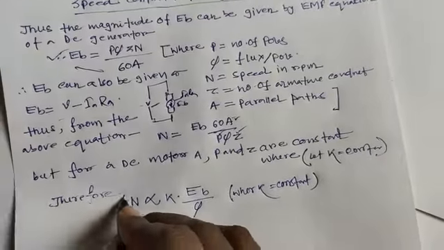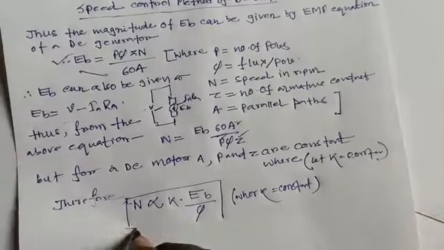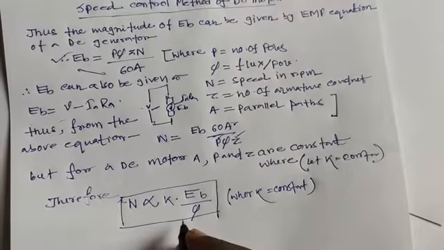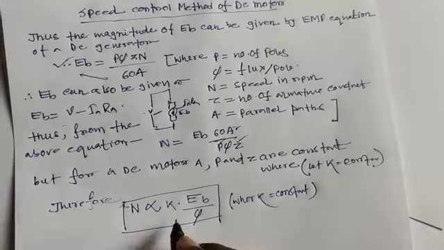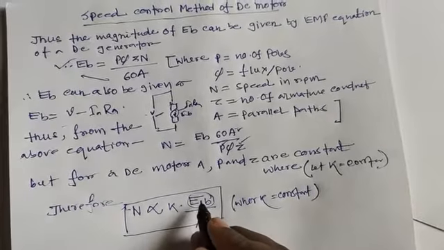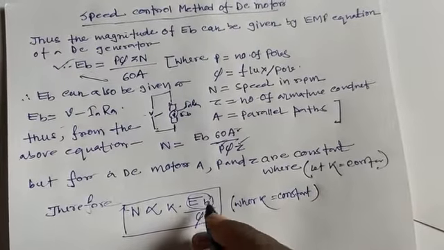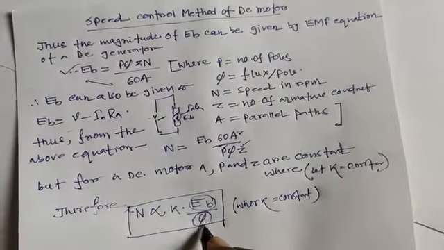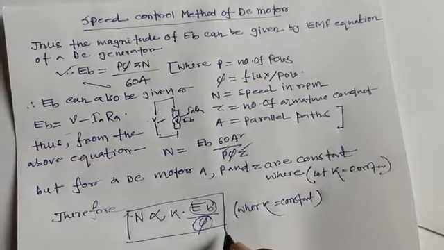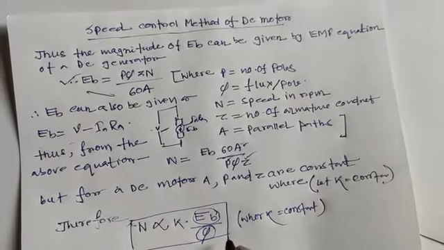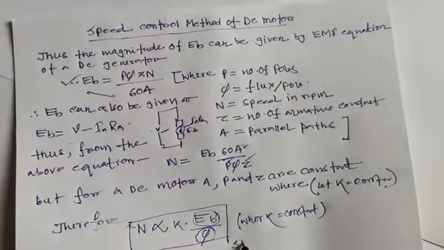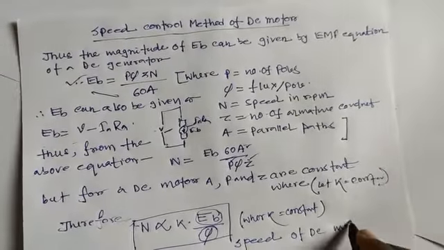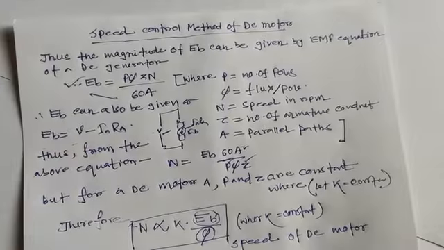This shows the speed of a DC motor is directly proportional to the back EMF and inversely proportional to the flux per pole. This is the speed of DC motor.